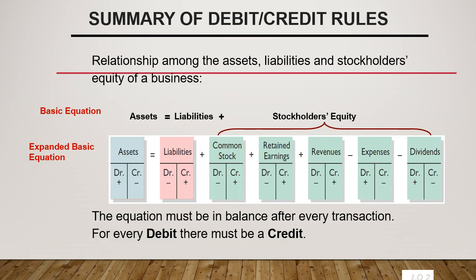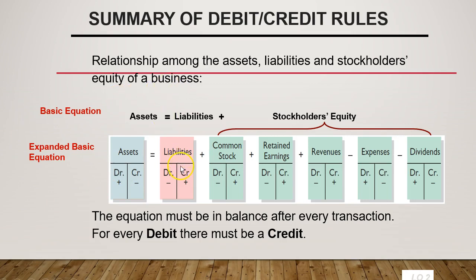Focus on the positive, meaning what side of the account will make the account increase. If you know the account's increase side, then the account must decrease on the opposite side of the T account. For example, assets increase on the debit side of the T account.